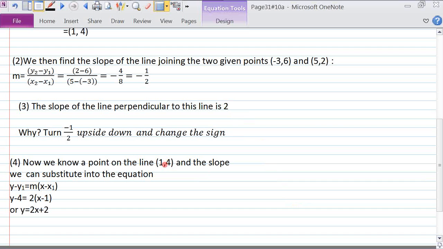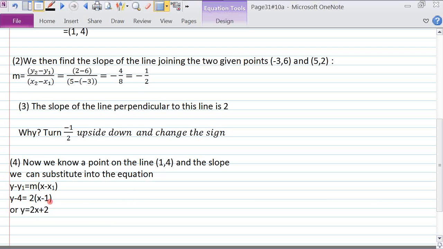So now we can use the point-slope formula, and here my y1 is 4, so I put 4 in here. My x1 is 1, so I substitute 1 over here, and the slope is 2.